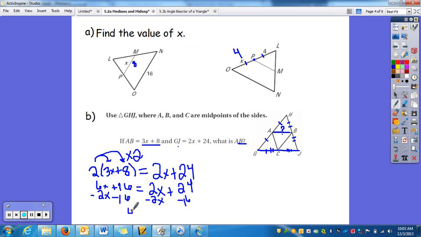And I'm left with 4x equals 8. Divide by 4. x equals 2. Alright, so now that I know what x is, I can find the length of AB by plugging in 2. So I go 3 times 2 plus 8, which is 6 plus 8, which is 14. So AB equals 14.